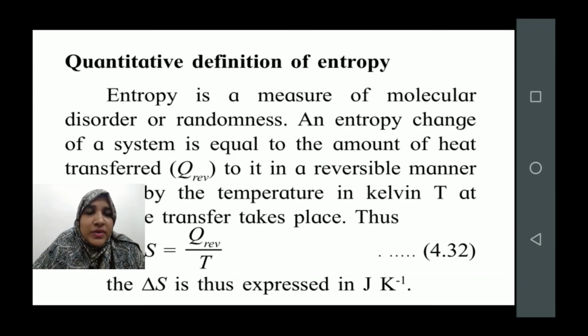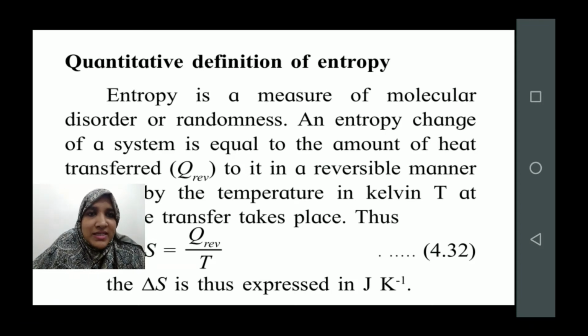What is Q reversible here? Q reversible is the amount of heat that is transferred to the system in a reversible manner. Or you can easily think of a system present at a certain temperature. If you provide more heat to the system, what will happen? And if you remove some heat from the system, what will happen?